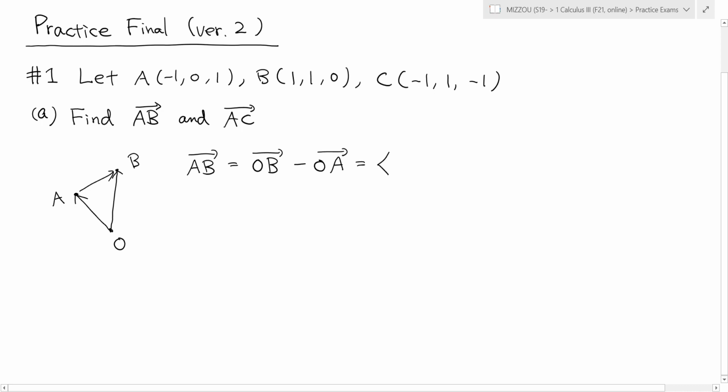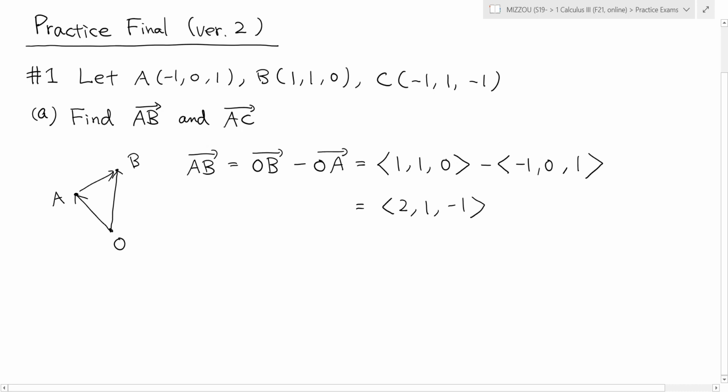So what you do is basically subtract coordinates of the first point from the second one, the second minus the first. So in this case, it's written like this, and then this is actually 2, 1, negative 1.